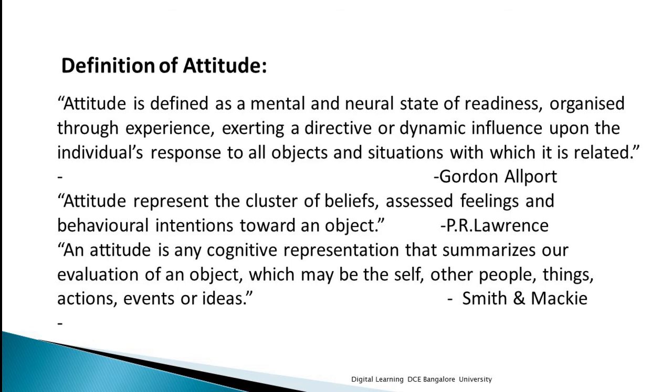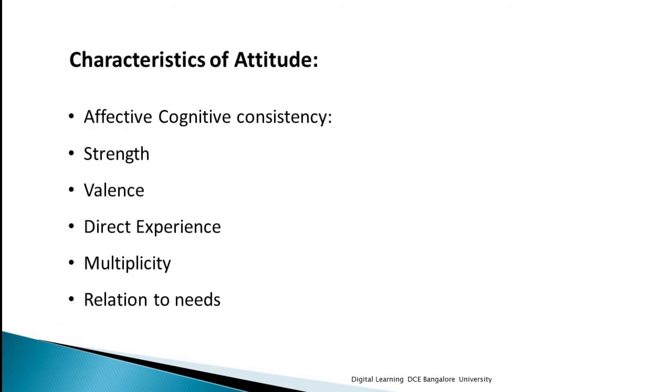Cognitive here means nothing other than the beliefs, and that belief regarding a particular object, person or an event, it may be regarding ourselves, or towards other people, or regarding a particular event, idea, things or actions.